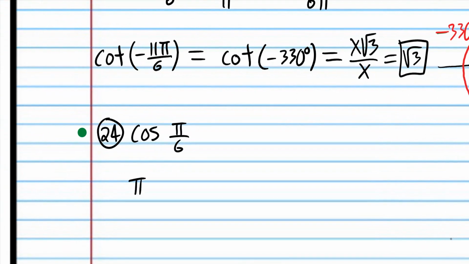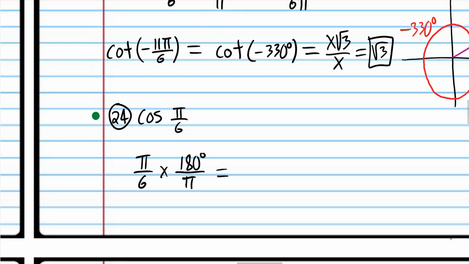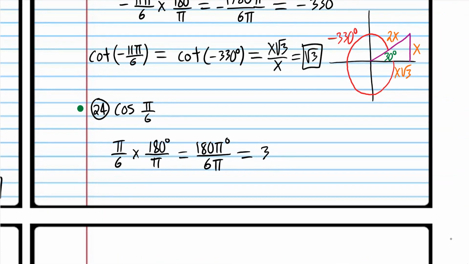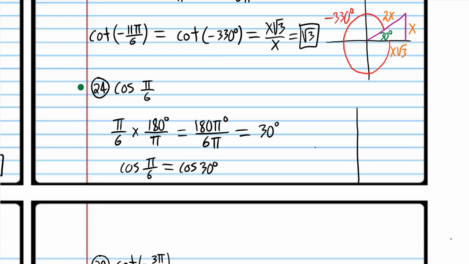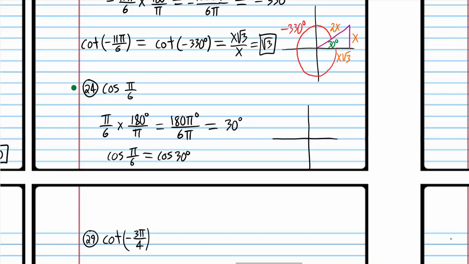So pi over 6, if we convert that to degrees, we get 180 pi degrees over 6 pi, which is equal to 30 degrees. And so cosine pi over 6 is the same thing as cosine 30 degrees. And that's going to be in the first quadrant.